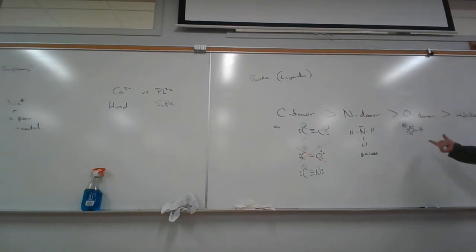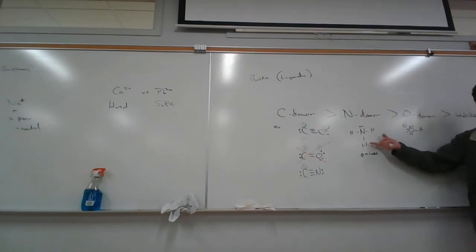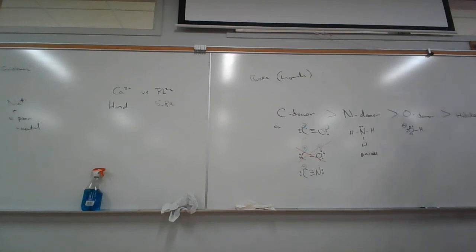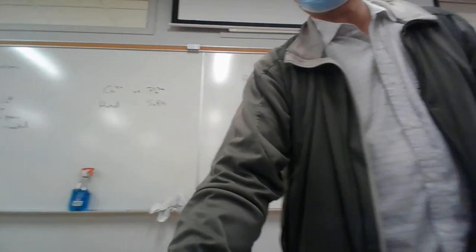Hydroxide. Hydroxide is a strong base, ammonia is a weak base. But in terms of Lewis, it turns out that ammonia is a stronger Lewis base for metal cations than hydroxide. And that has to do with MOs and all that quantum mechanical stuff, which we aren't going to get into. We're just going to kind of brush it aside.